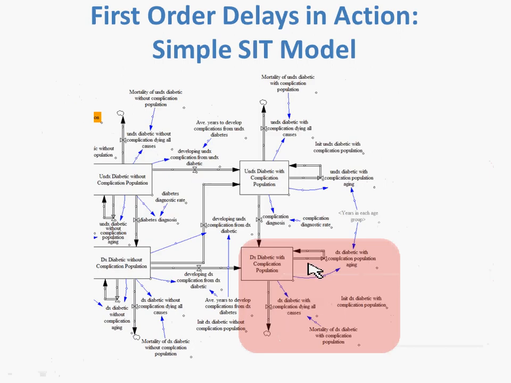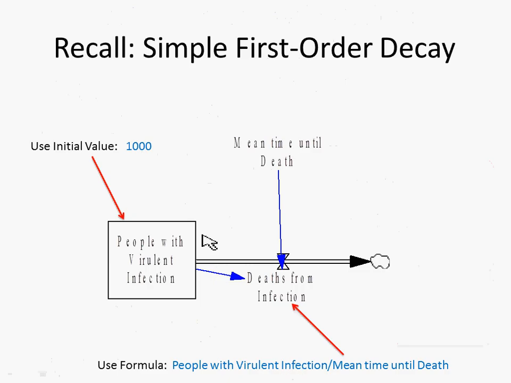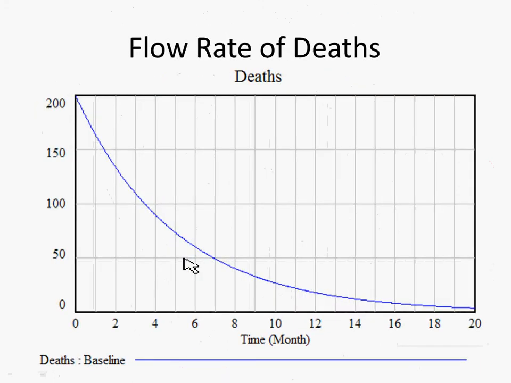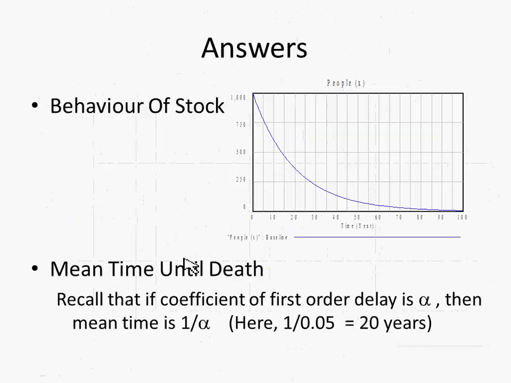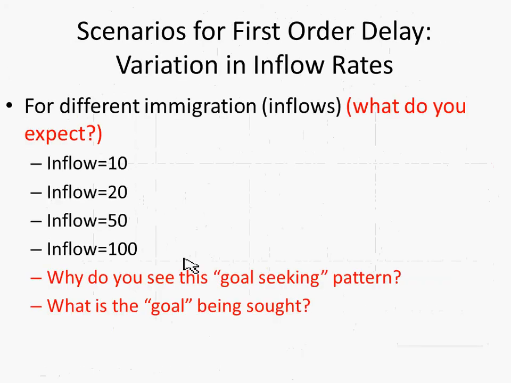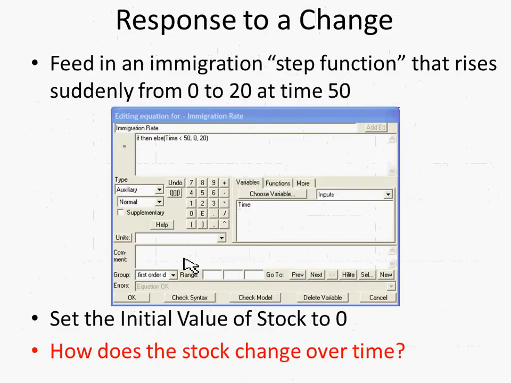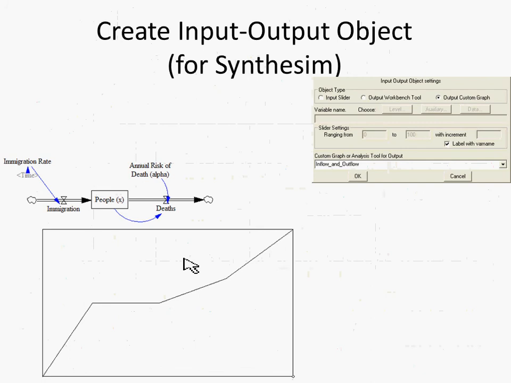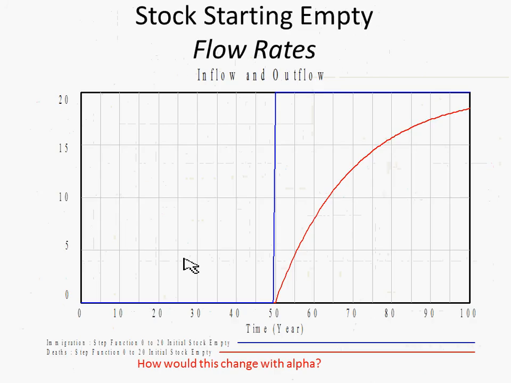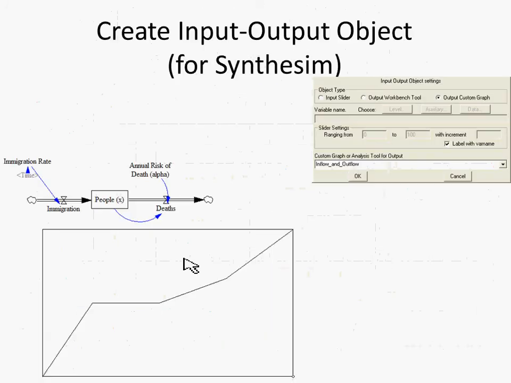Suppose we have a situation where we have no inflow until time 10, let's say, and then suddenly the inflow jumps up and stays up. So the stock starts empty, there's no inflow until time 10, and then the inflow jumps up and stays high.